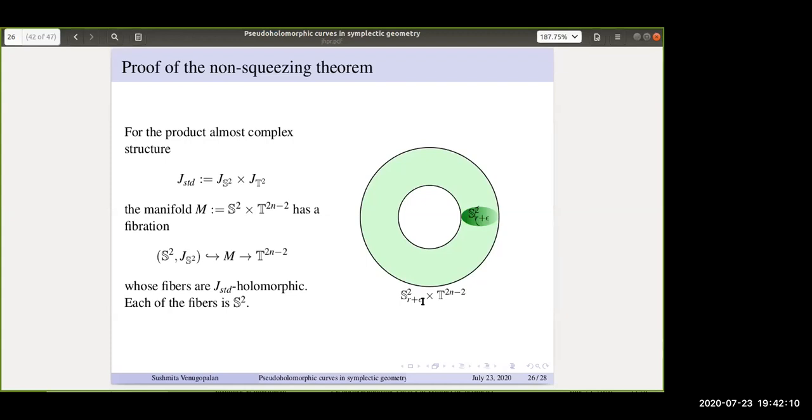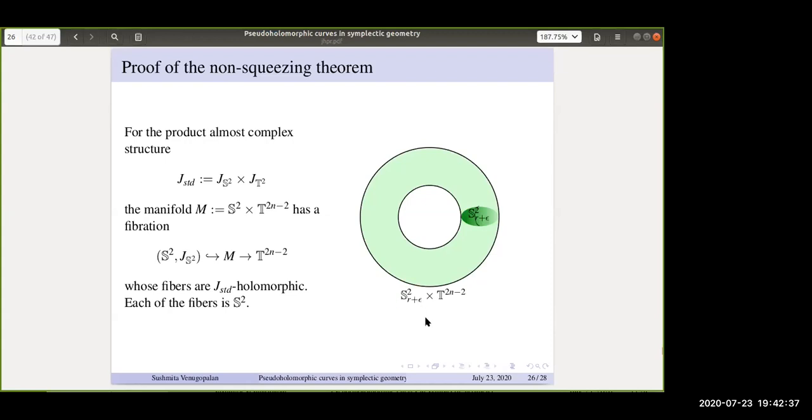If you take this product almost complex structure, what we notice straight away is that we have a fibration that we talked about earlier. This is indeed one of those special cases where the manifold fibers into J-curves, where the J is the standard J. The fibers of this fibration are just one of the factors of the product.